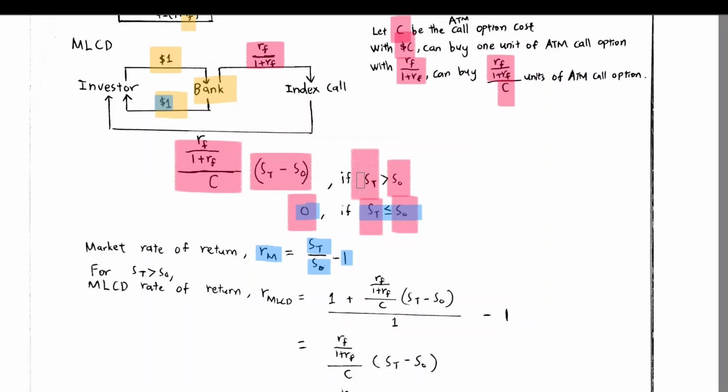And for the case when there is an increase in the stock price, the MLCD rate of return is the $1 plus the amount of return from the call option divided by the initial investment of $1 and then minus 1.